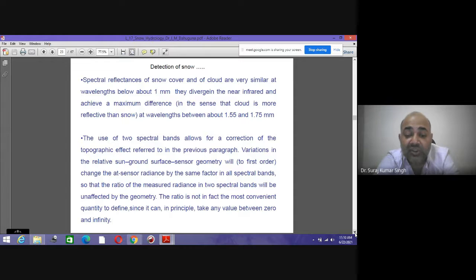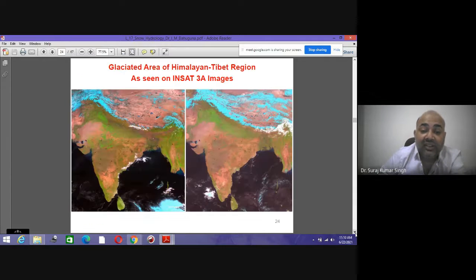The ratio is in fact not the most convenient quantity to define, since it can in principle take any value between 0 and infinity.